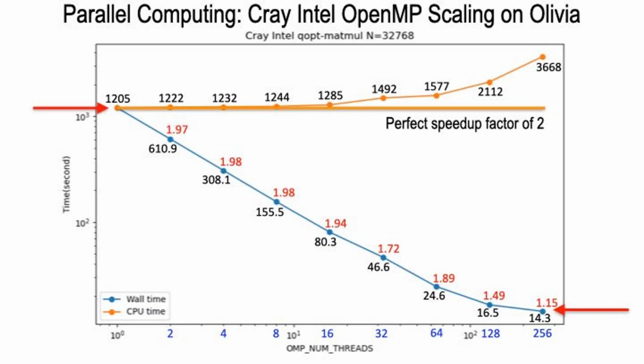Overall, a computation requiring 1,205 seconds on a single core is reduced to about 14.3 seconds on 256 cores, resulting in a speedup of approximately 84, which falls significantly short of the perfect speedup of 256.